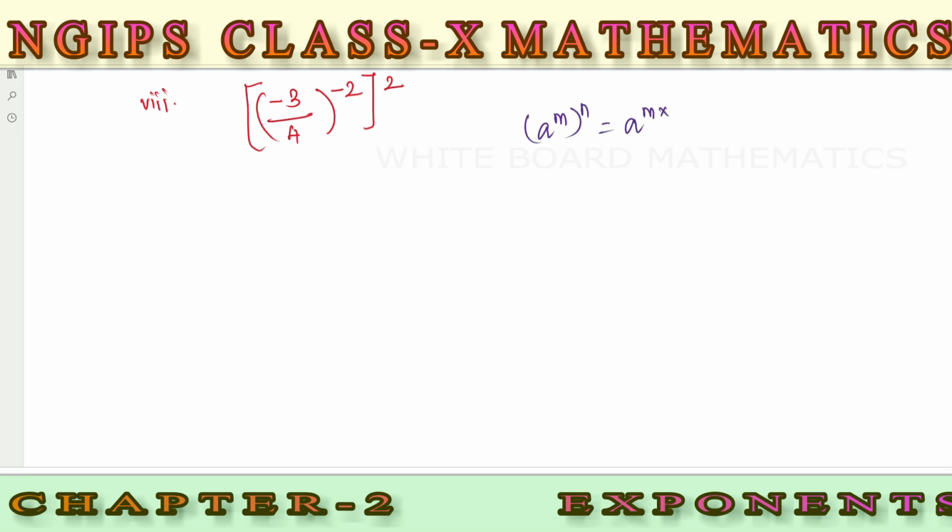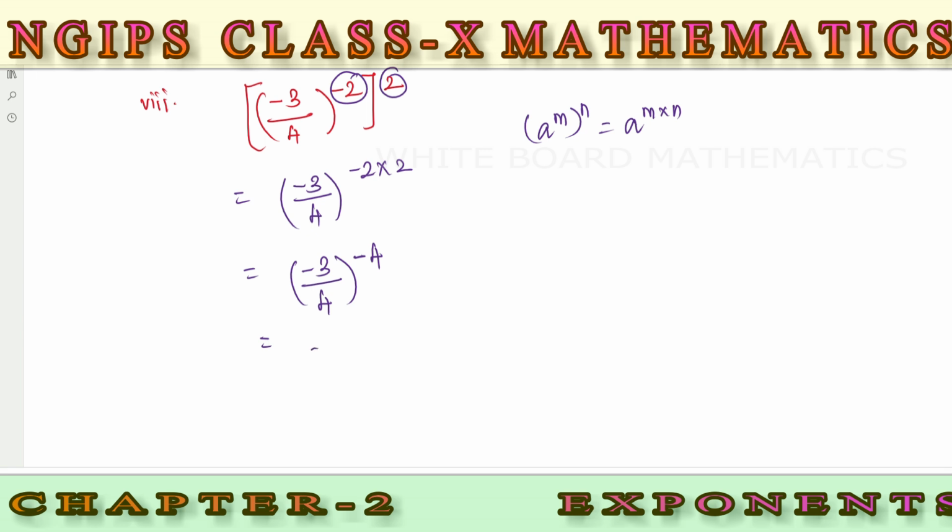So we have power to the power, and both powers we need to multiply. Minus 3 divided by 4 whole power minus 2 into 2. Here minus into plus gives minus, 2 2s are 4, so we get minus 4 as the power.